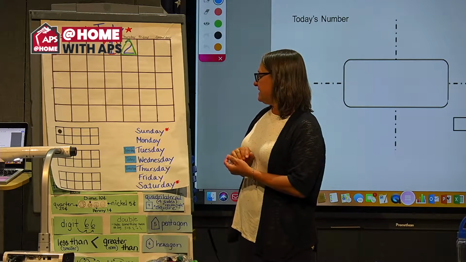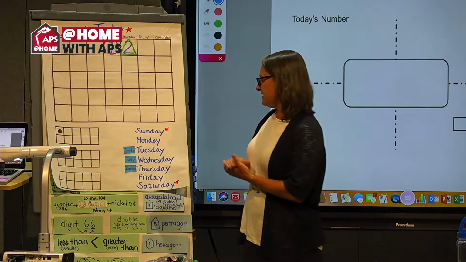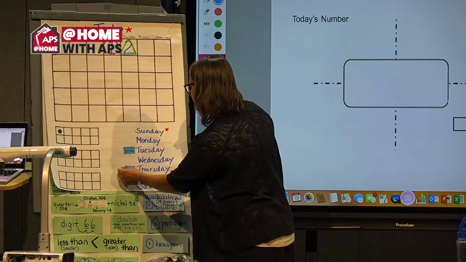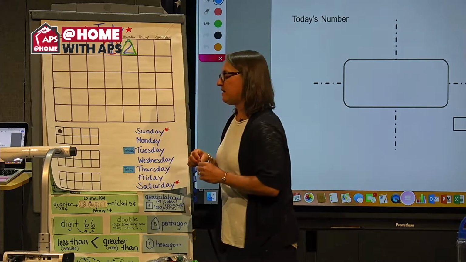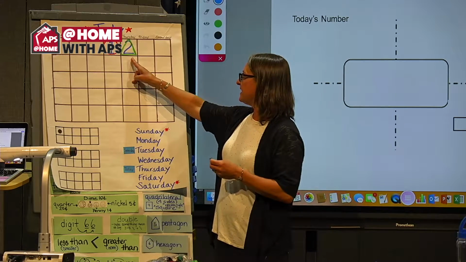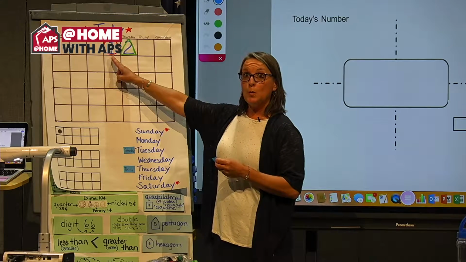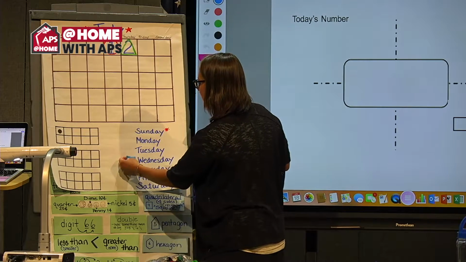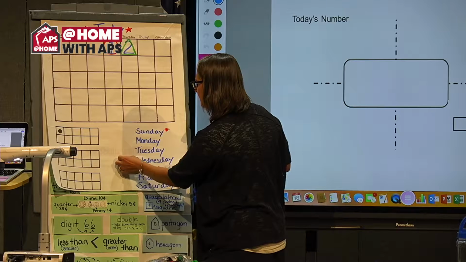So if today is Thursday, then what was yesterday? What was the day of the week yesterday? If today is Thursday, then yesterday was Wednesday. That's the day when we feel like we're kind of halfway through the work week or the school week.